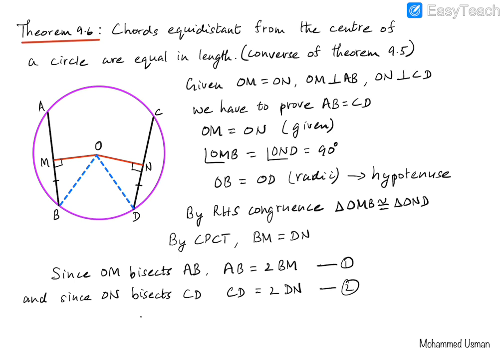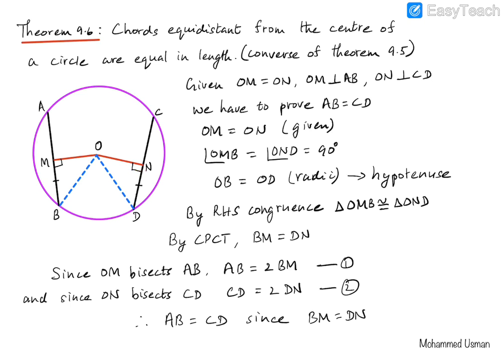So therefore we can say that AB is equal to CD, since BM equals DN. AB, which is 2 times BM, and CD, which is 2 times DN, must also be equal. So AB equals CD, which is what we had to prove.